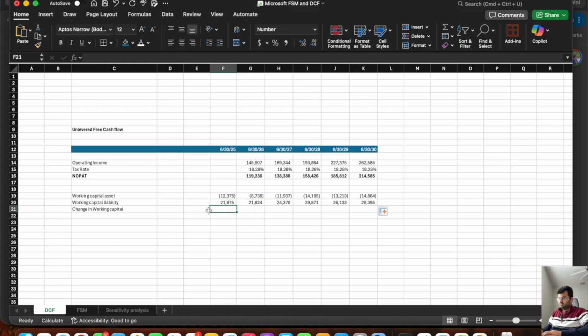So the total, no, it's not changed. So total change in, no, this is not even changed. Total working capital is nothing but the summation of these two.